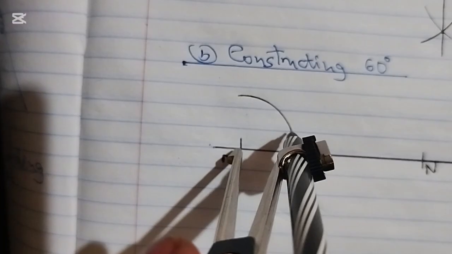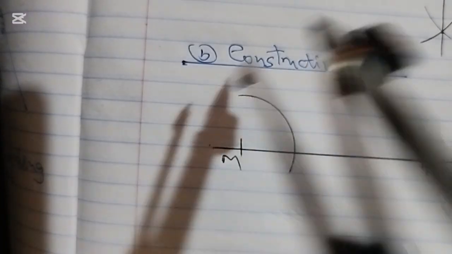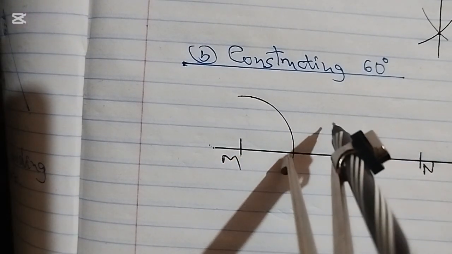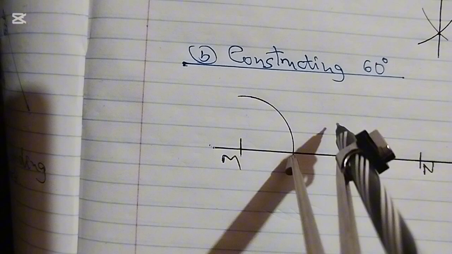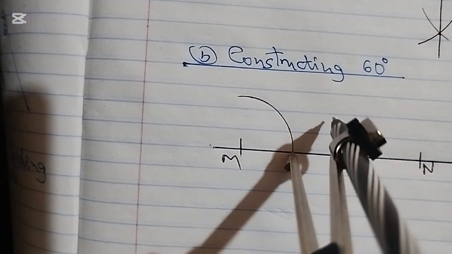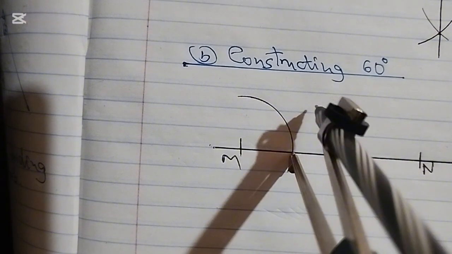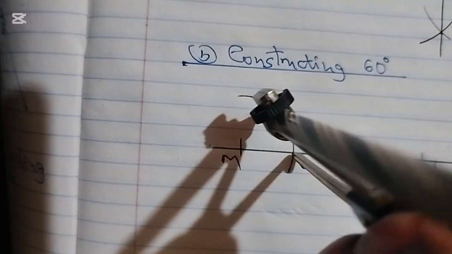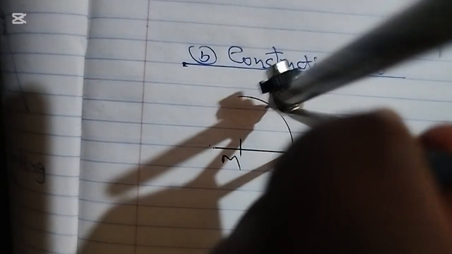After that, I don't adjust anything on my compass. I just maintain and go to where the arc cut the line MN. I'll stand at that point here. Then I make another arc at the top to cut the first arc drawn. Like that.